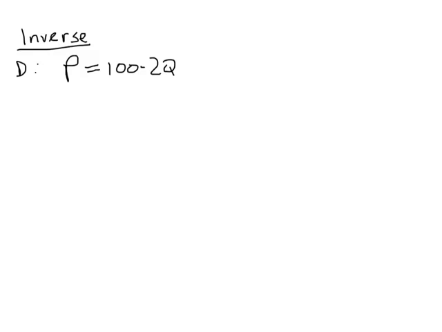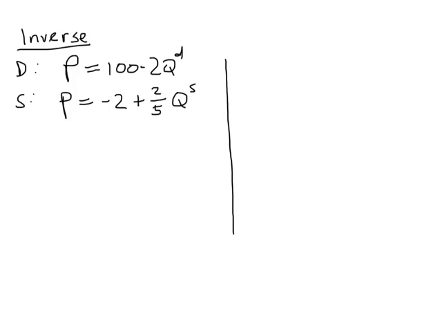And then the inverse supply function: we have the supply function Q equals 5/2 P plus 5. So the inverse supply function is P equals -2 plus 2/5 Q_S. All right, so that's our inverse functions, and that makes it a little bit easier to map in price quantity space.